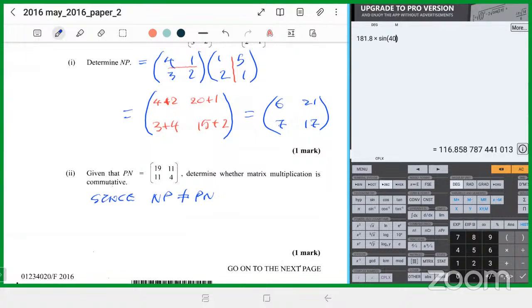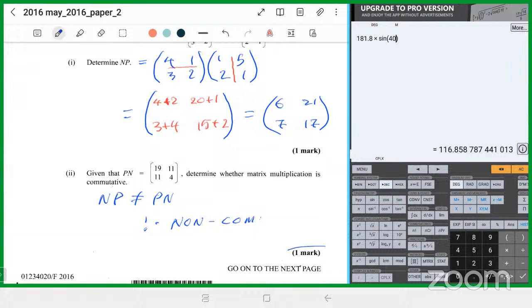I don't want to write a lot, I just want to say non-commutative. Non-commutative. That's the key thing that I'm looking for.